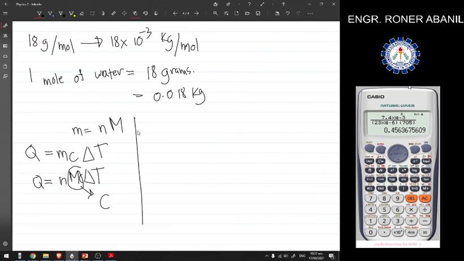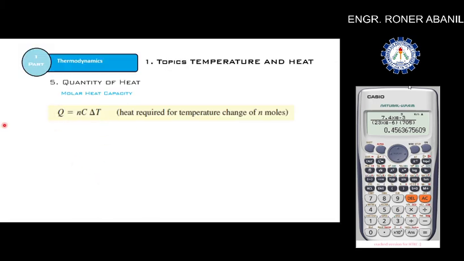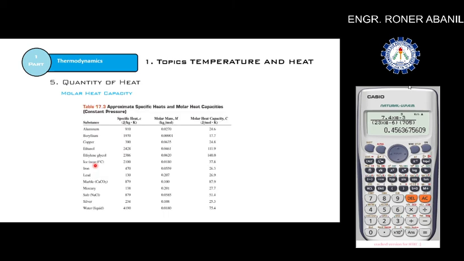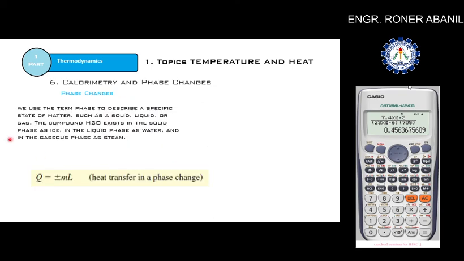So, pag ginawa natin yan, yung Q natin is magiging n, malaking C, change of temperature. Ito naman yung makikita nyo dito sa quantity of heat. So, dito is meron tayong approximate specific heat and molar heat capacity na nasa constant pressure. So, ayan yung table. So, pasok ngayon tayo dito sa tinatawag na calorimeter or calorimetry and phase changes.